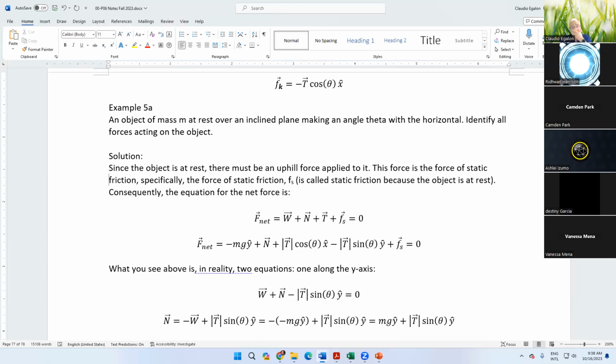This force of friction is the type of force that the ancients didn't understand very well either. The ancients didn't understand the second part of Newton's first law of motion, and they didn't quite understand the force of friction either. This force is the force of static friction that we abbreviate by the letter Fs.